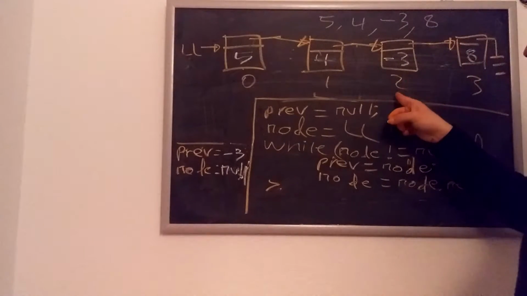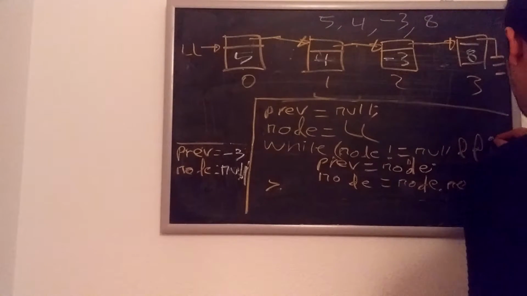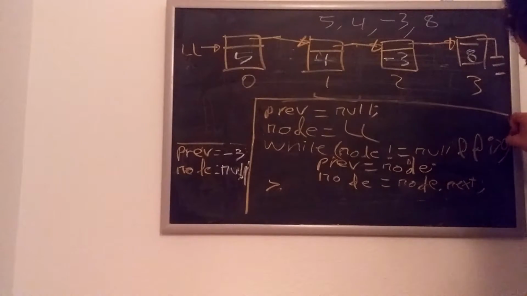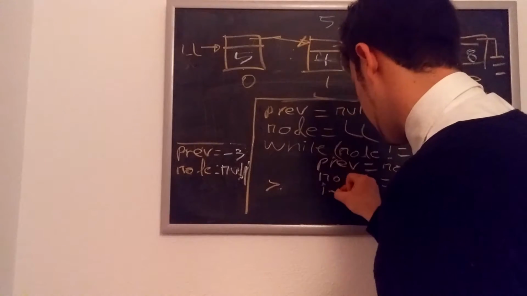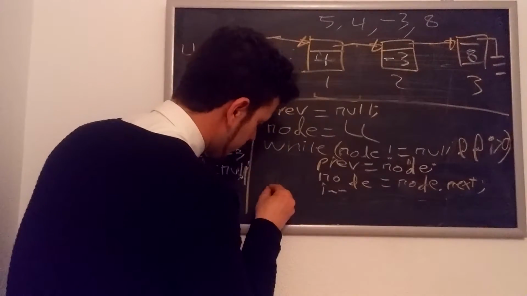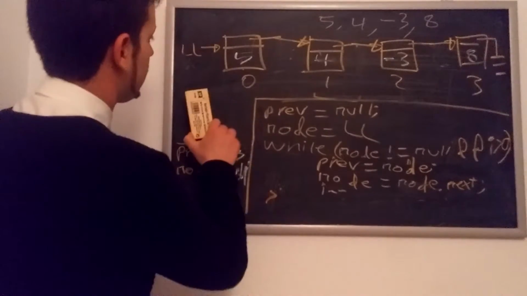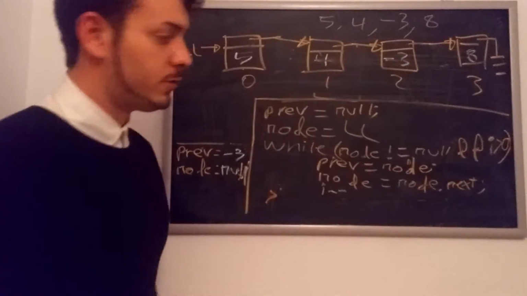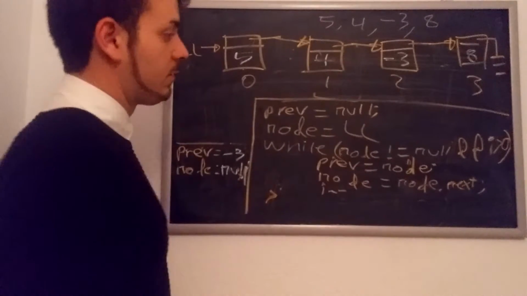The condition will be while index bigger than 0. In other words, we're going to decrement it inside the while loop. In other words, we're going to be counting how many iterations we are doing until we reach the node that we want to delete.